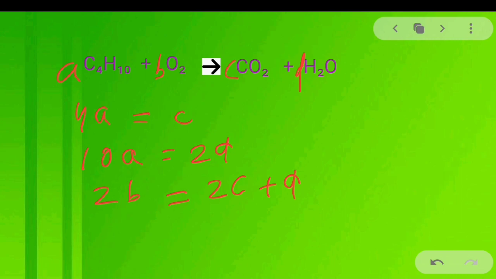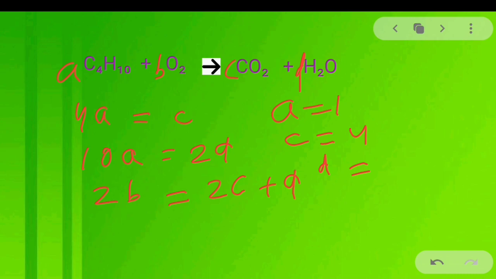We can take any of them, either A is equal to 1 or B is equal to 1 or C equal to 1. Let me take A equal to 1. So if I take A equal to 1, what is the value of C I will get? C is equal to 4. What is the value of D I will get?